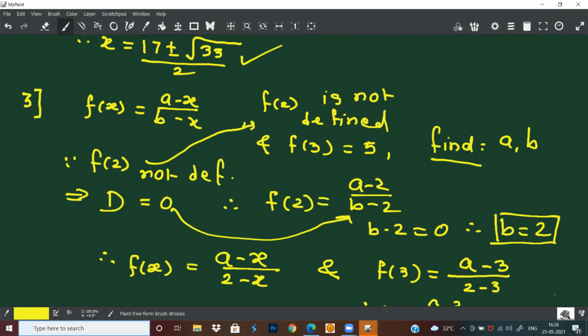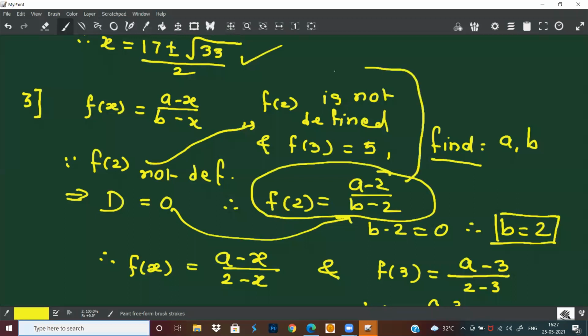So when will the, यहाँ तो root है नहीं, तो what will be the other reason for the function not to get defined? Because at x is equal to 2, the denominator will turn 0. So पहले मैंने f of 2 निकाला. f of x not defined नहीं दिया है, f of 2 is not defined. तो मैंने पहले f of 2 निकाला, जिसको denominator अगर 0 रहेगा तो it will not be defined.